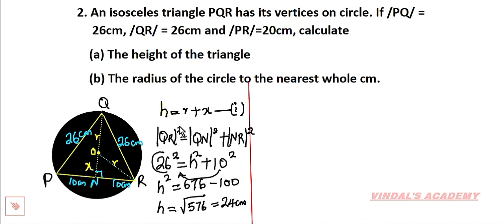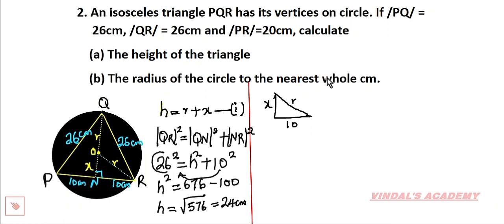As my height is 24 cm now, I'm going to find the radius from this triangle. You look at this triangle: this place is R, this place is 10, and this place is X. But how do I find my X?